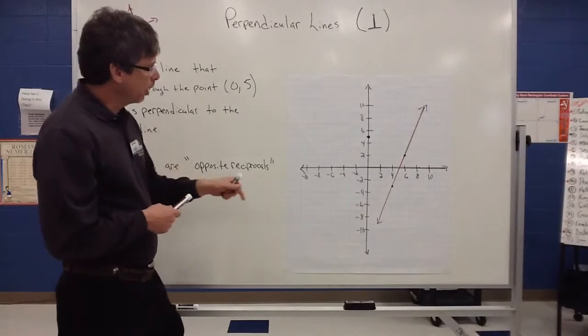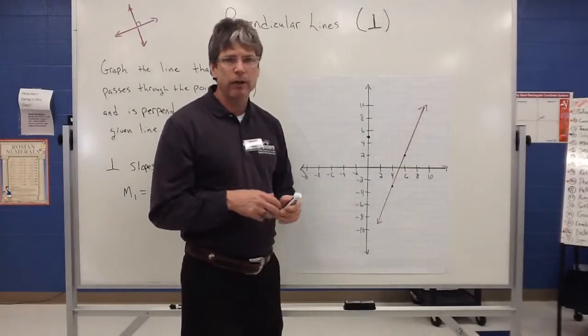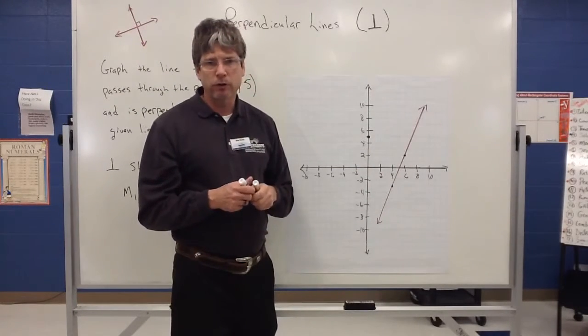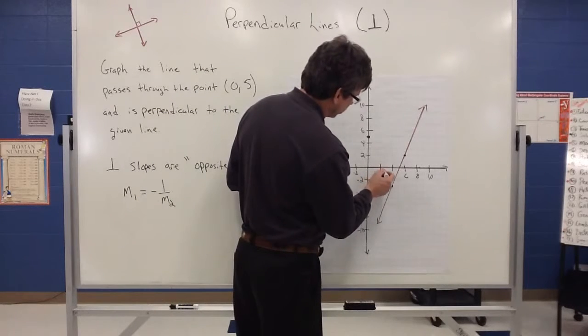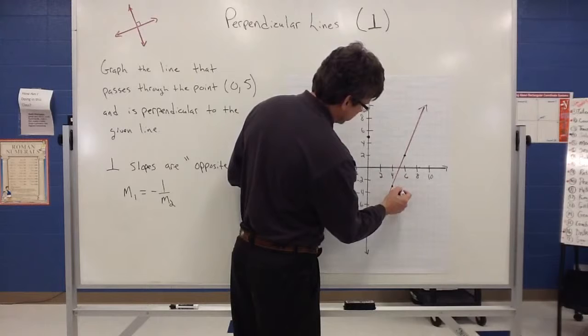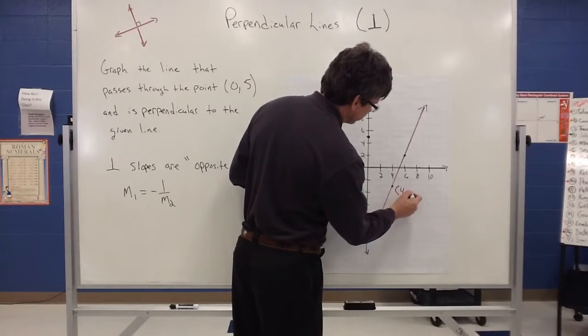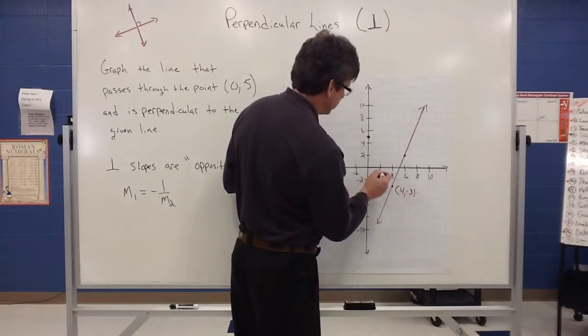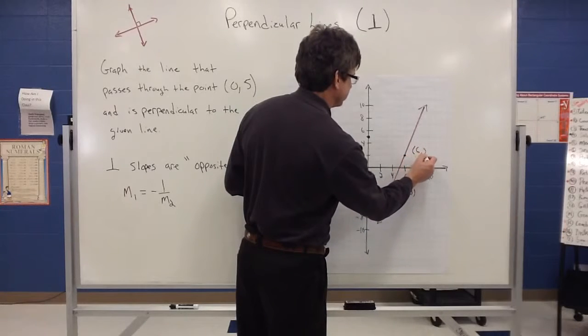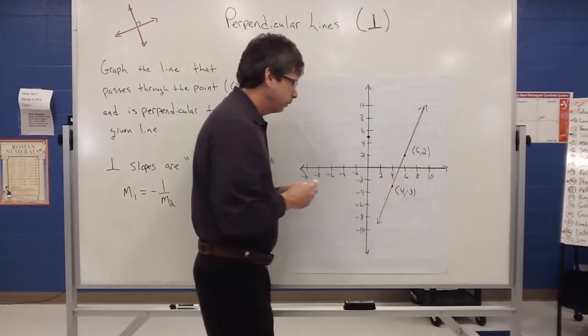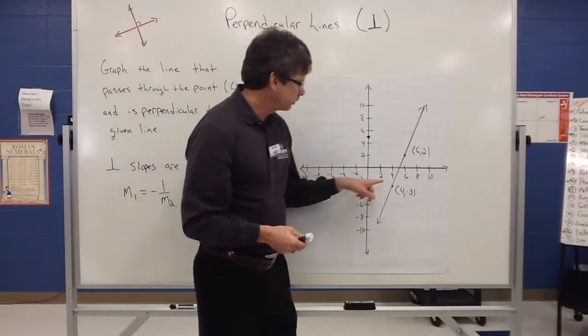So we marked 2 points on the line, and we know that we can find our slope if we know 2 points on a line. So it looks like this ordered pair is 4, -3. And this other point would be 6, 2. So I can actually use the graph if I want.